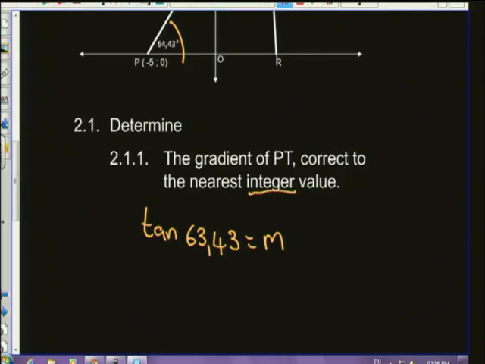So it means that my gradient of the line is approximately equal to 2. And folks, this is not 63.43, but 64.43. Let's just check our answer.